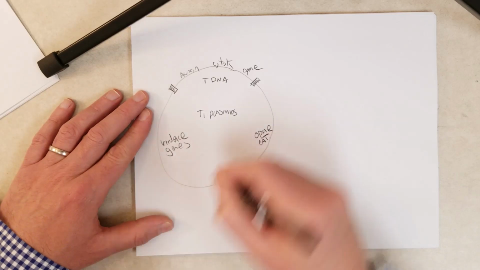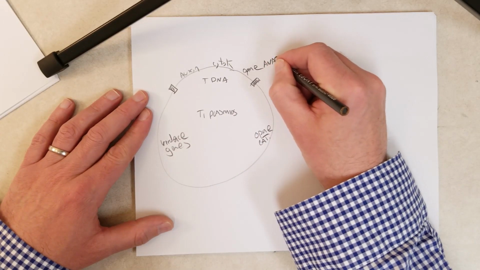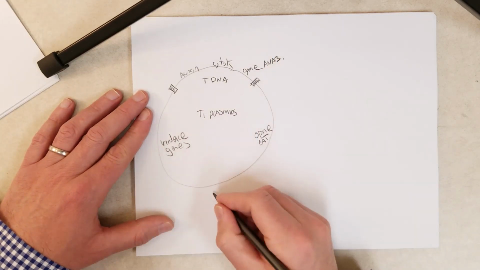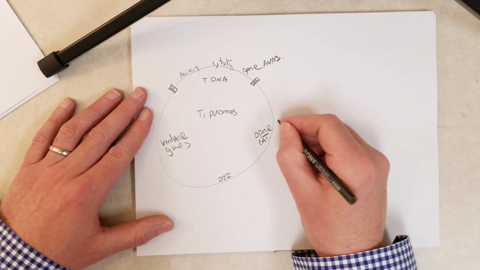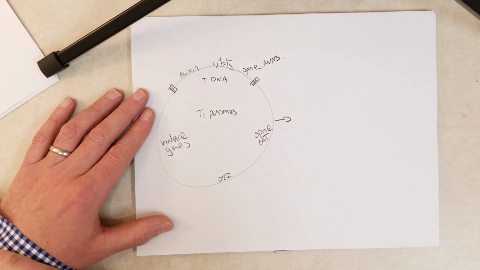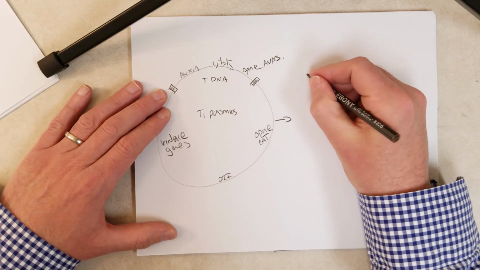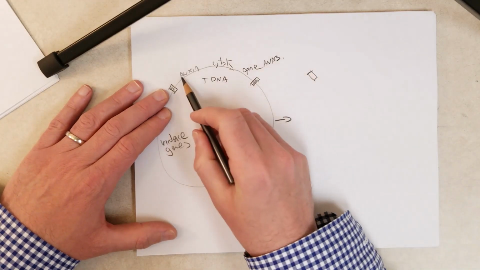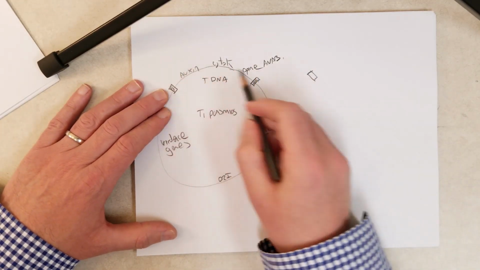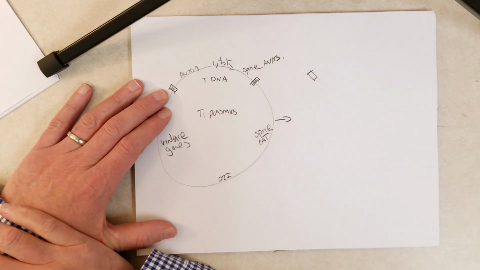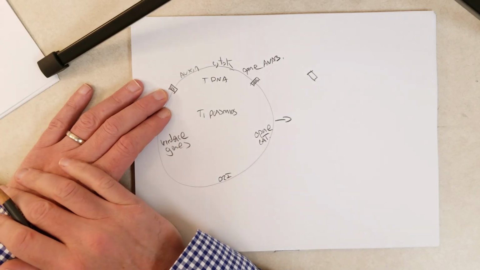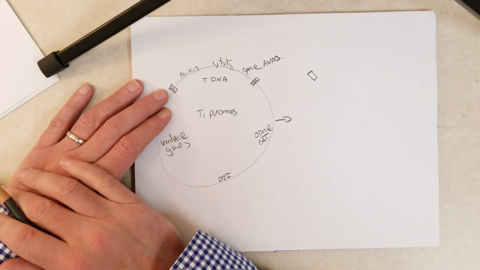Yeah, opine catabolism genes, anabolism genes up there, the origin right here. So what scientists have done essentially is take these guys out. We don't need these anymore. We can grow Agrobacterium tumefaciens in the lab. In the lab, it doesn't need its TI plasmid, so we can take its TI plasmid out, and we can modify it, and then we can put it back in.